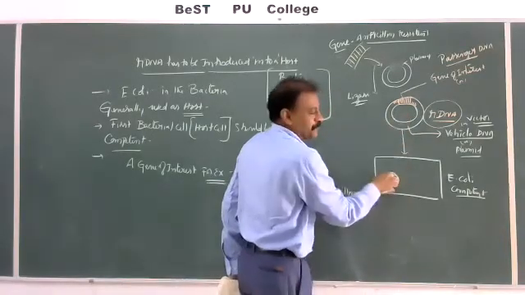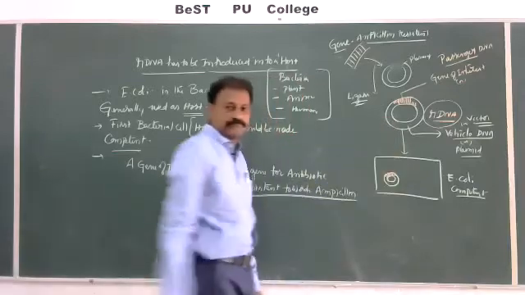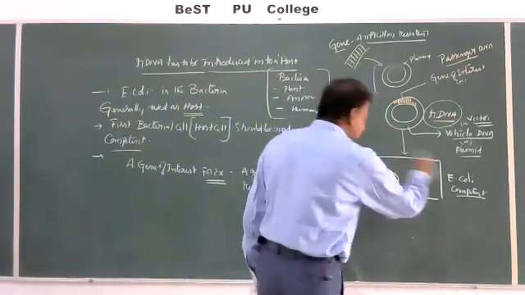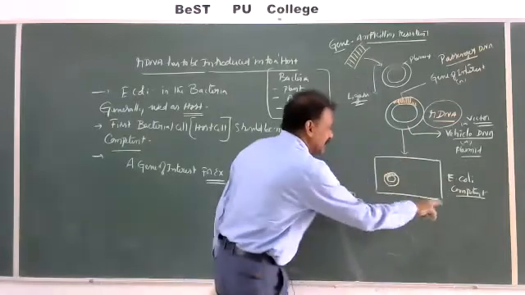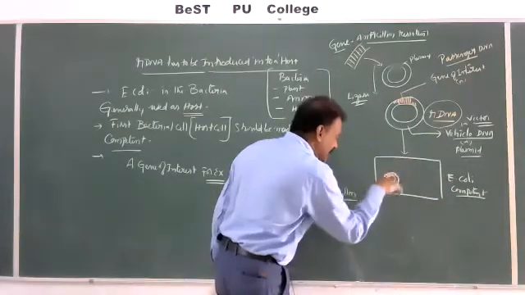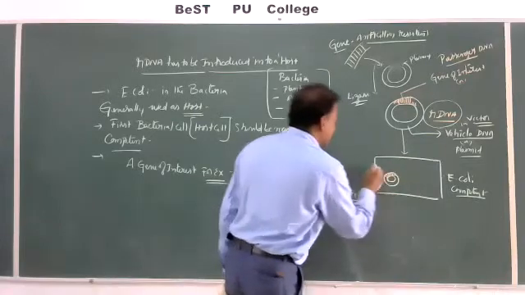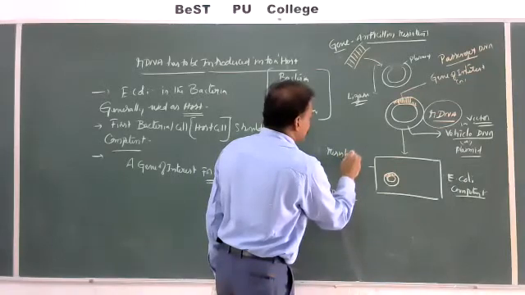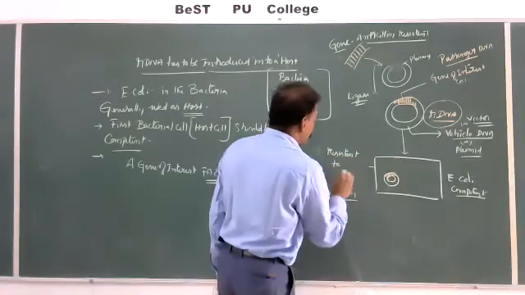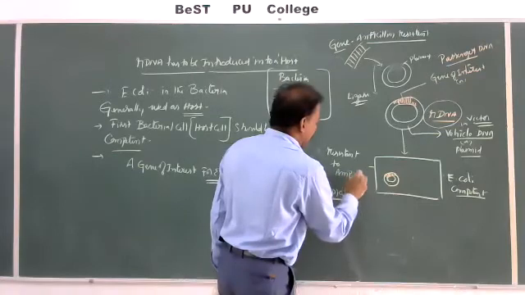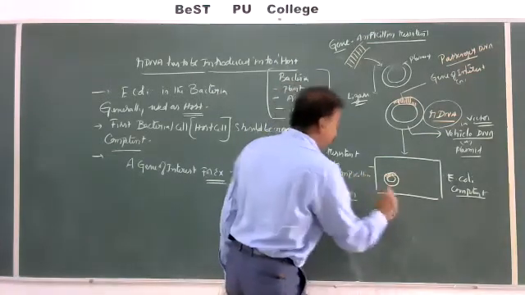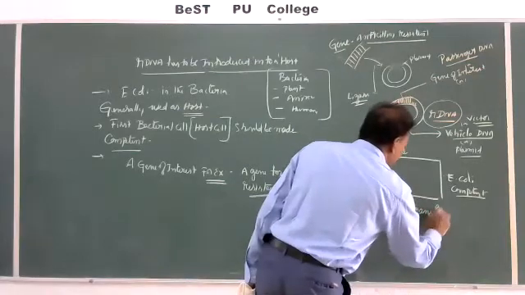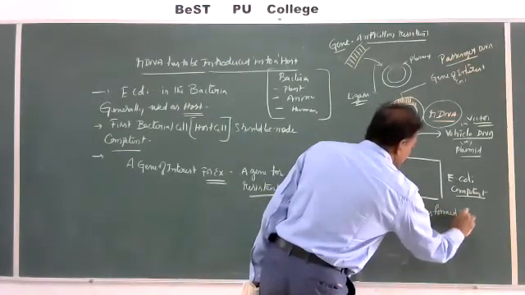After this, we are growing these bacterial cells, and if this bacterial cell is having this, the cell is called resistant to ampicillin, or it is called a transformed cell.